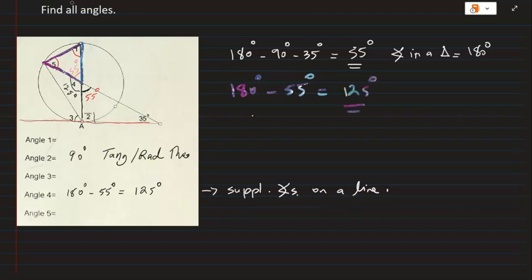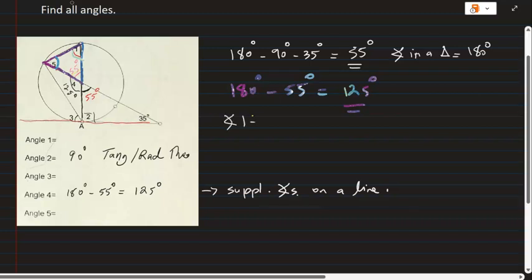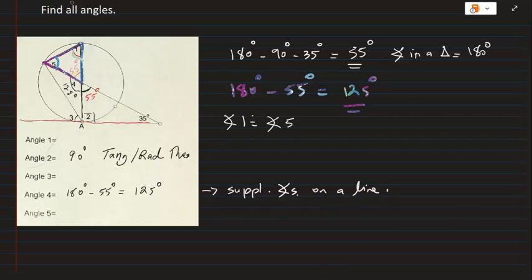But because these two angles are equal to each other, we have angle 1 equals angle 5. That means 125 degrees divided by 2, that would be 62.5 degrees. So each of these two angles is 62.5 degrees.